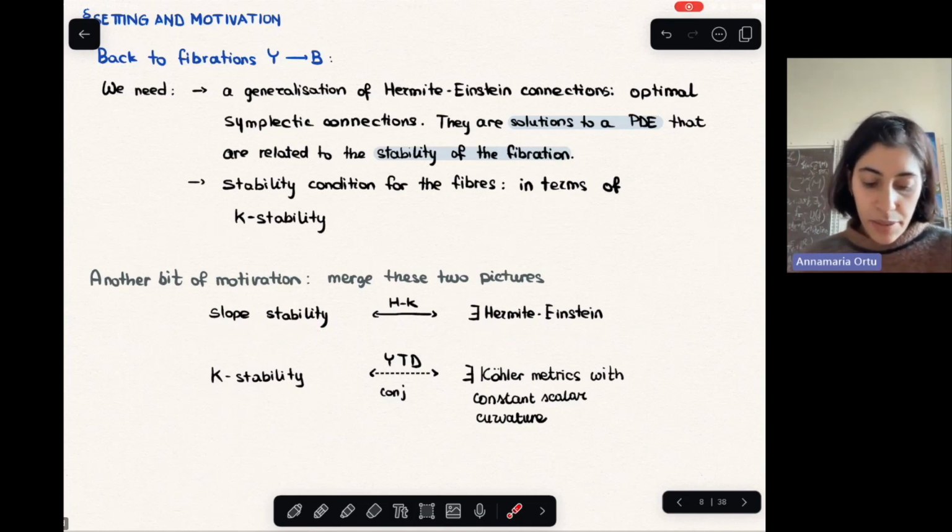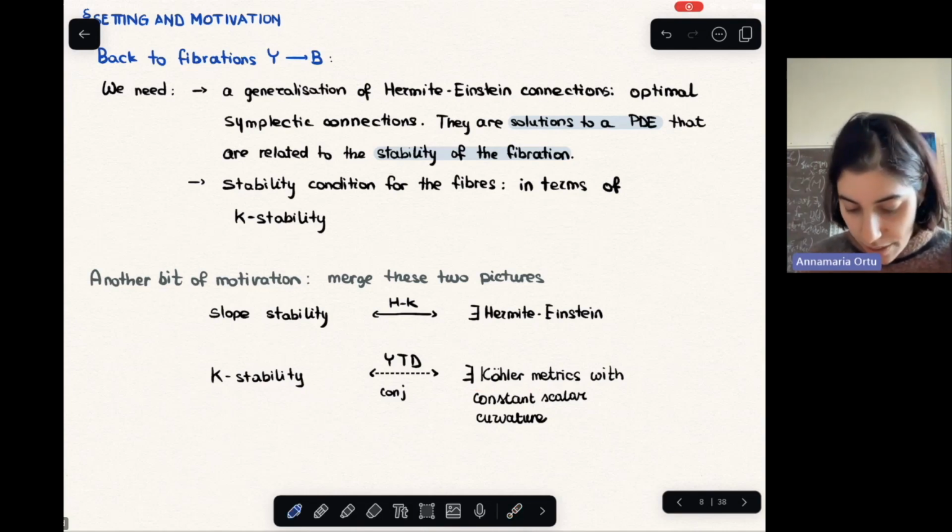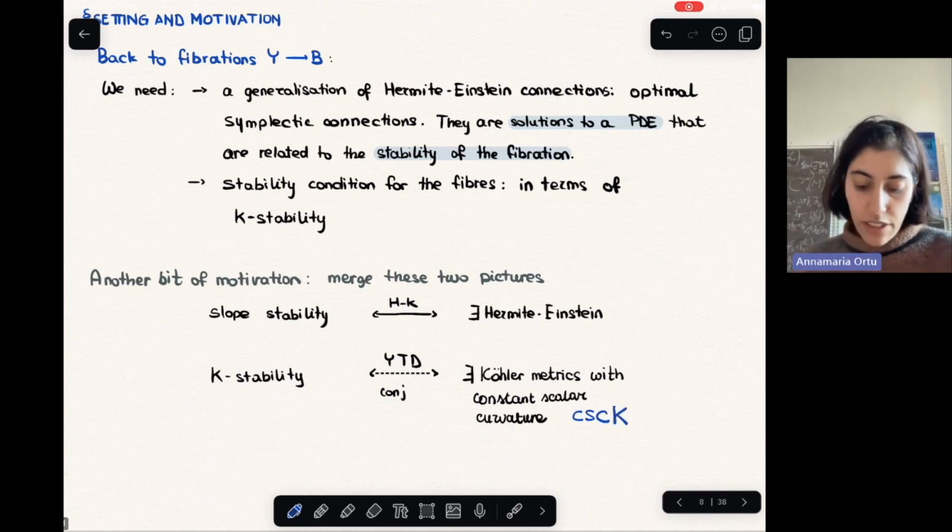And then from the K-stability side, we have the Yau-Tian-Donaldson conjecture that establishes a similar equivalence between an algebro-geometric condition of stability and the existence of Kähler metrics with constant scalar curvature, which I will abbreviate with cscK, and these are also solutions to a PDE: the scalar curvature of some Kähler metric is a constant.